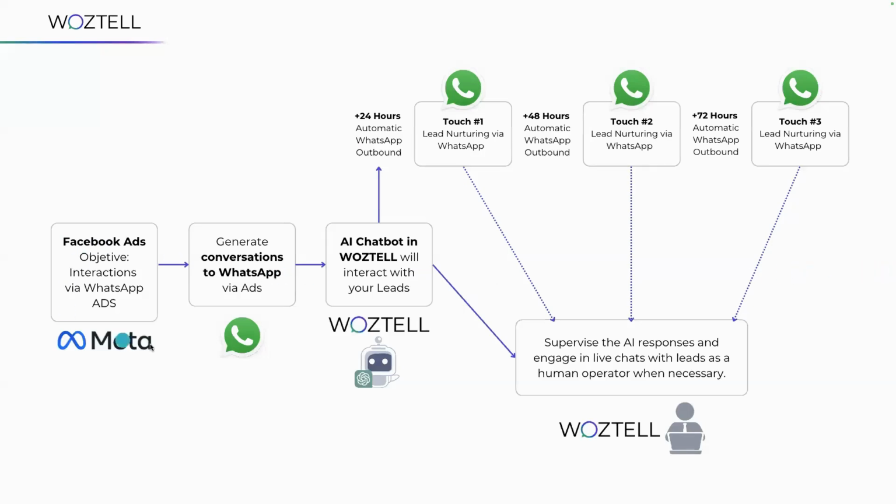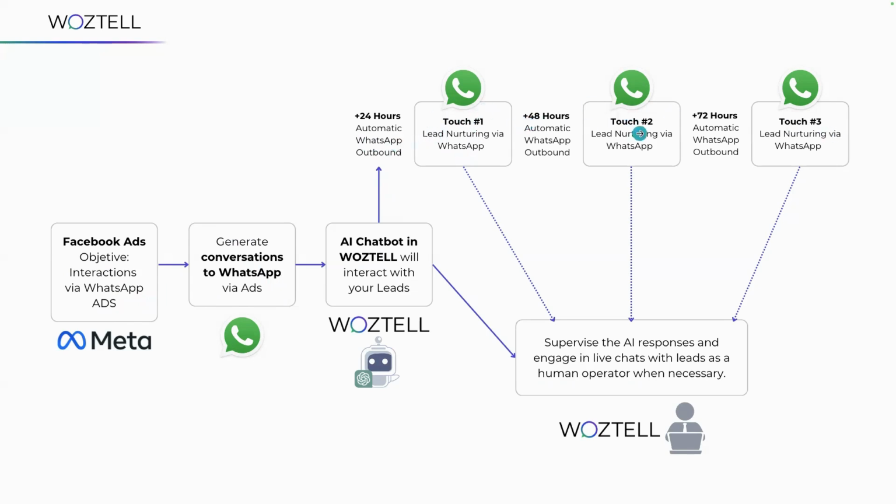Okay, so this is an overview. When they come from Facebook ads or Instagram ads, they generate conversations to WhatsApp. So basically it's a click-to-WhatsApp ad. They click in and then they come here, and immediately our AI chatbot will start interacting with the leads. We will also start the 24-hour automatic WhatsApp outbound, with one touch, two touch, three touch.